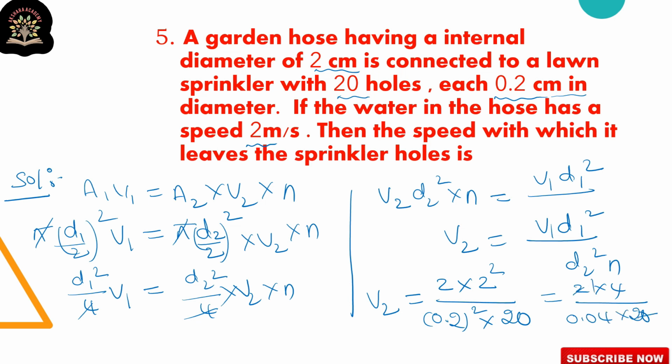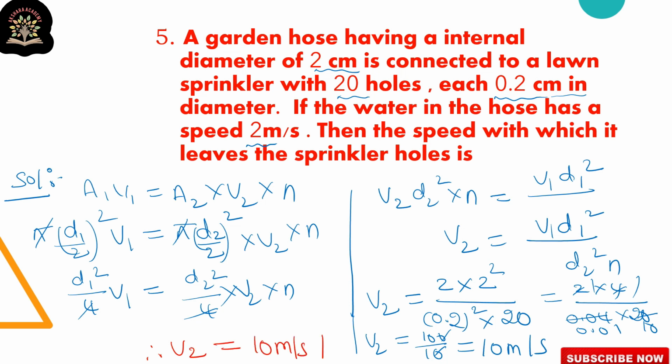So 0.04 into 20 is 0.8, and 8 divided by 0.8 gives 10 meters per second. This is V2. So therefore the final answer is V2 equals 10 meters per second.